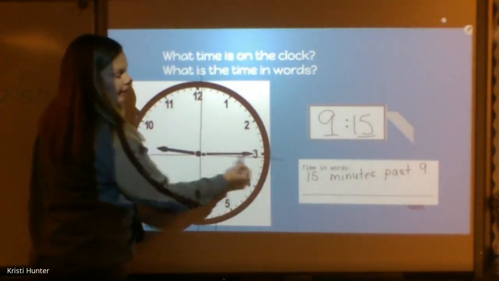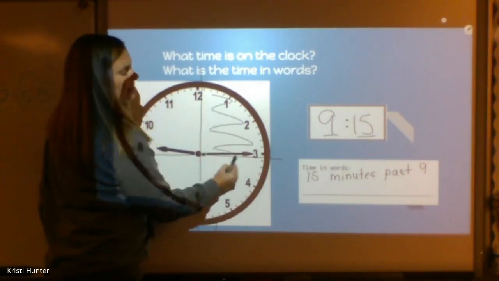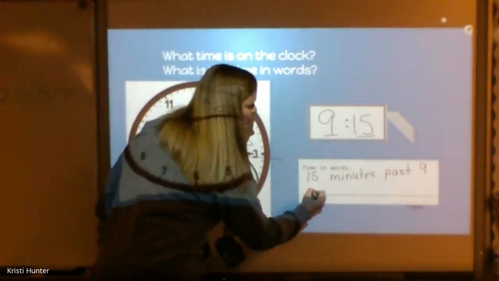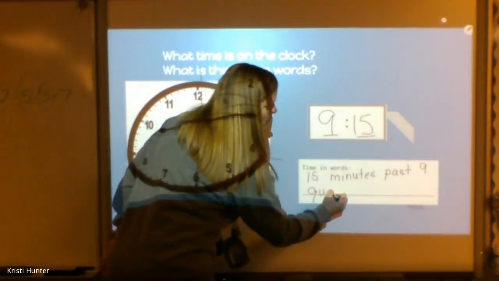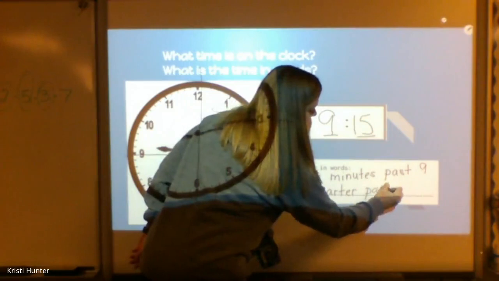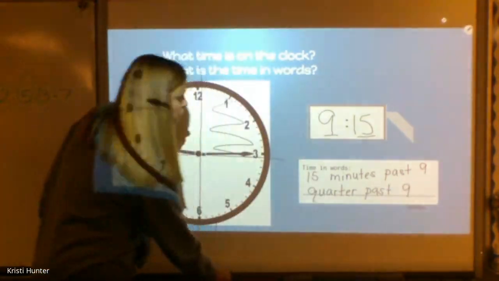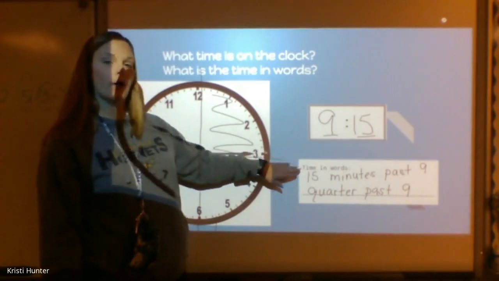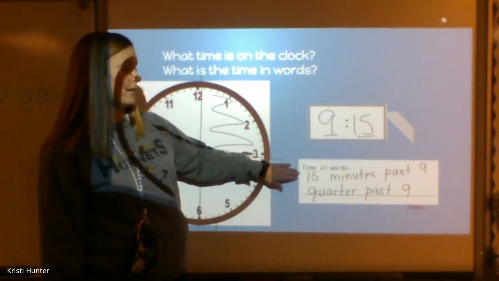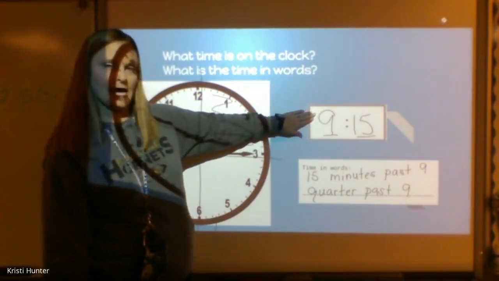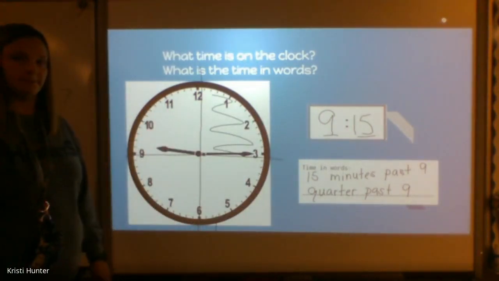And if my minute hand's over here, I've gone a quarter. So we say that is a quarter past 9. So 2 different ways to write this time, quarter past 9 or 15 minutes past 9. But both are our time in words for our 9:15 time.